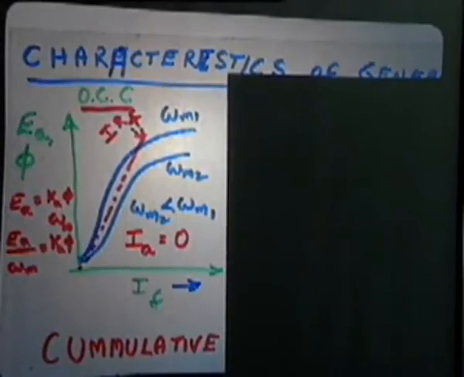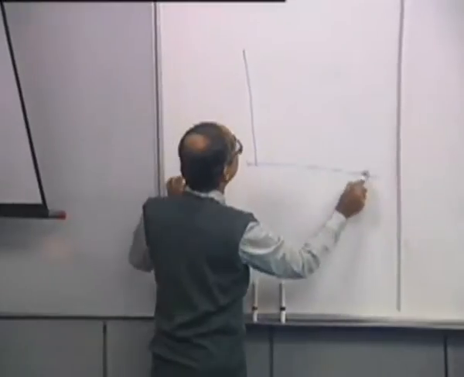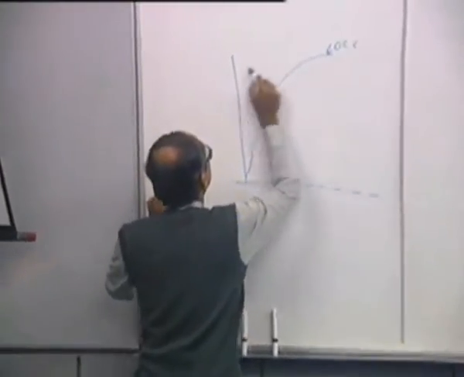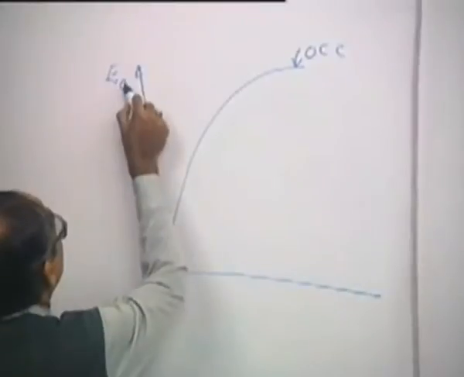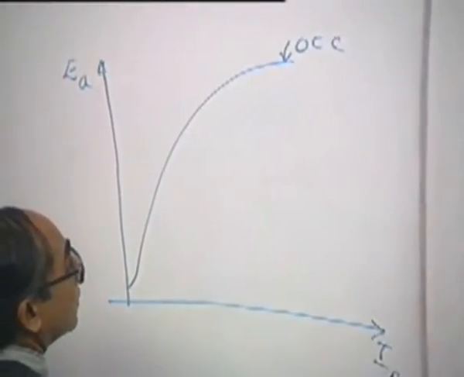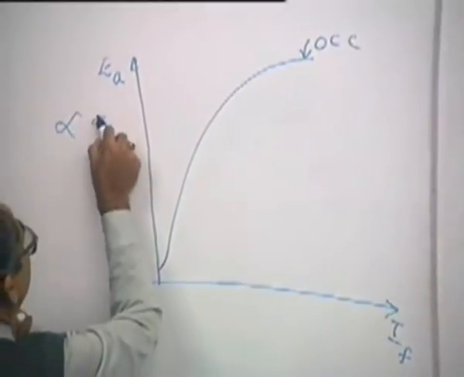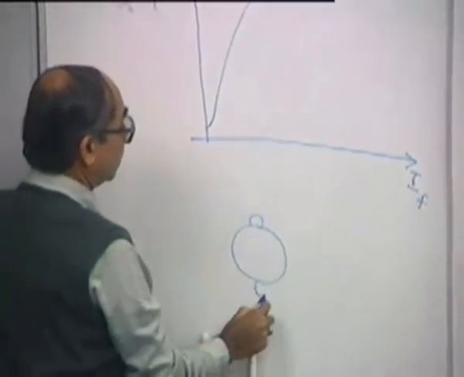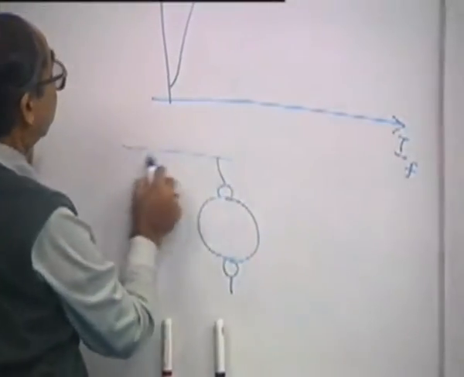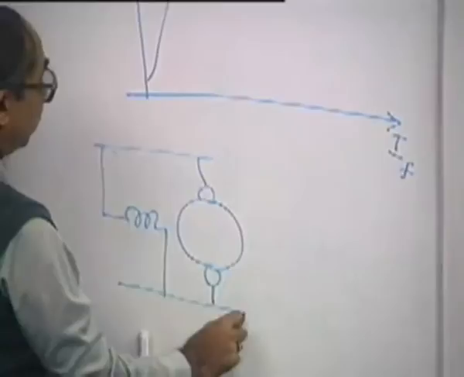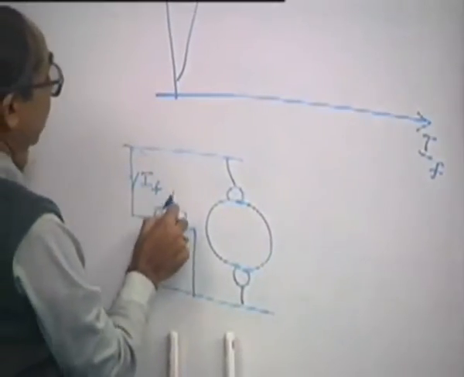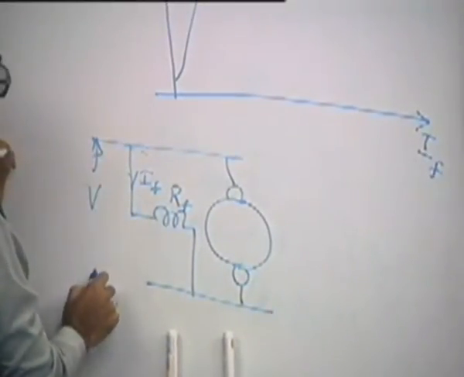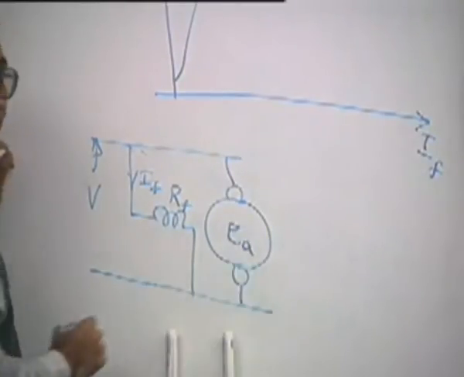With these characteristics, EA versus IF, which is proportional to phi, we notice that if it is a generator, let us say a shunt generator, which will carry a current IF and has a resistance RF, and this is the voltage, let us say V, this is EA.